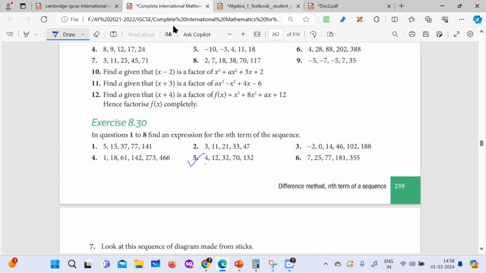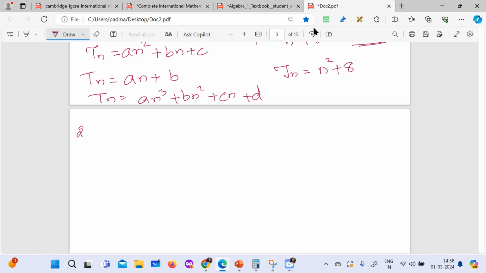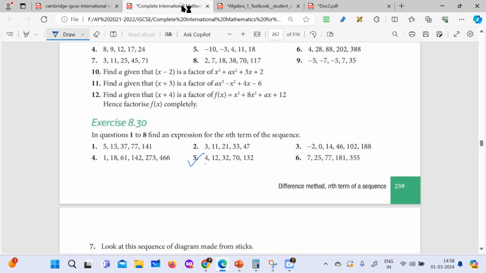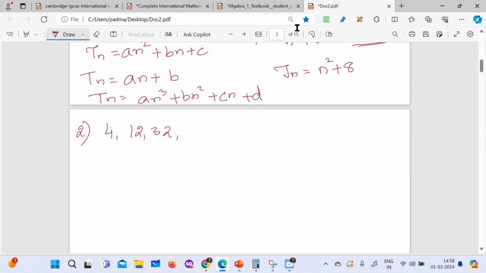4, 12, 32, then 70 and 132. So we will start finding the difference. 12 minus 4 will give you 8. 8, this will give you 20. 20. 70 minus 32 is 38.